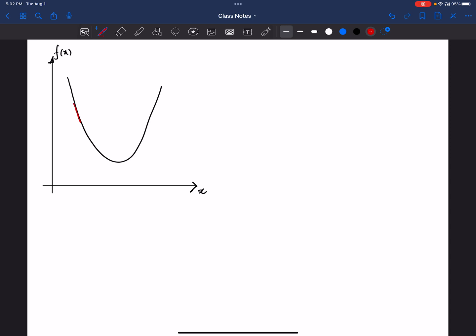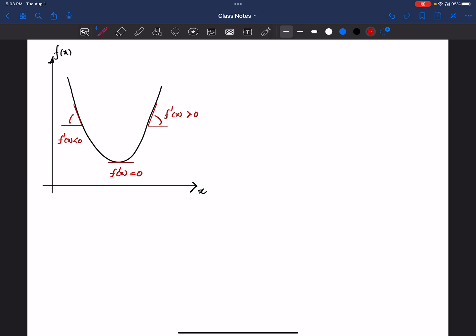We have tangents at these points, and you can see that the slope of the tangent line here is negative, so f prime of x is less than 0. The value of f prime of x is 0 here because it's flat, and here the slope of the tangent line, f prime of x, is positive.